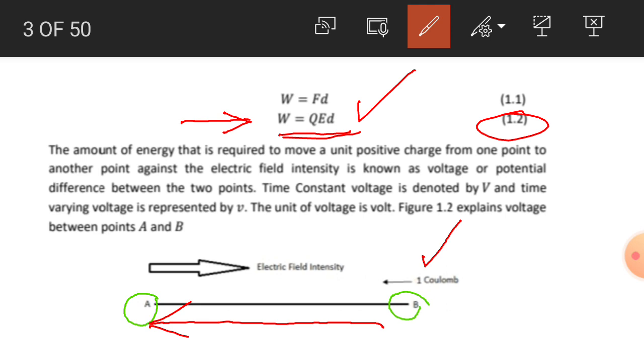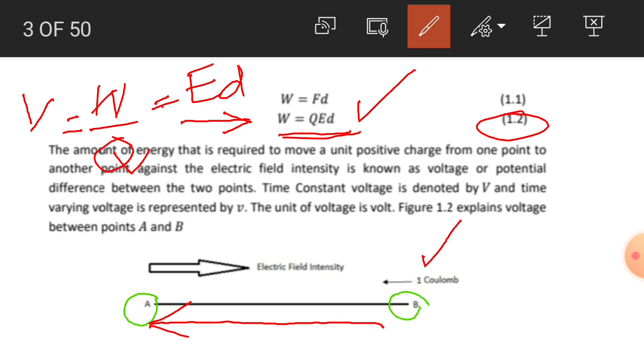So if we replace this charge of q coulomb in equation number 1.2 by 1, you will be able to find out the voltage between point A and B, or the potential difference between point A and B. So the voltage between point A and B will be equal to the energy which is required to move a unit positive charge from the initial position B to the final position A against the electric field intensity. This much energy will be required, and this energy is known as voltage now.